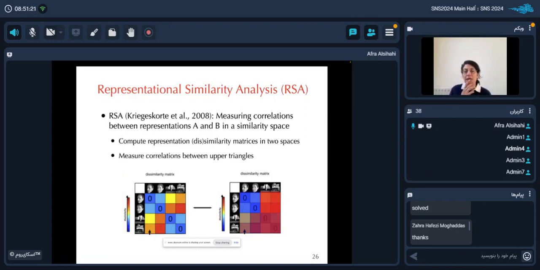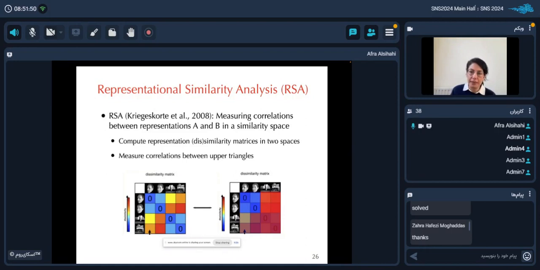On the other side, you bring human subjects into the lab and you measure their brain activity when you show them a bunch of pictures. So you have a set of images that you show to human subjects, and you record their brain activity. On the other hand, you show the same set of images to your computational model, and then you record the activity of the model.